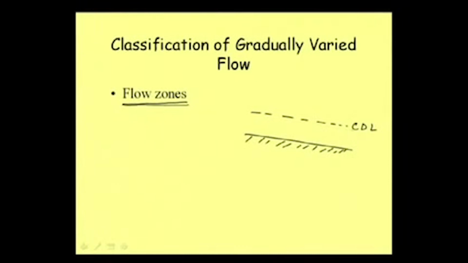For those we will get a critical depth, and that critical depth for the given discharge we call the critical depth line. And if it is a mild slope, our normal depth line will be above the critical depth line. Say the uniform flow depth for the discharge is this much. That we call the normal depth line.